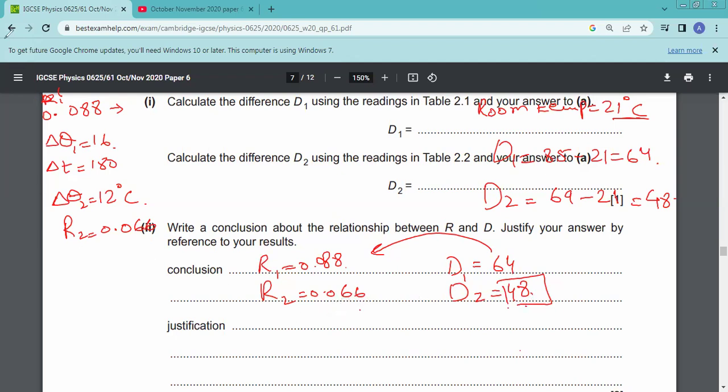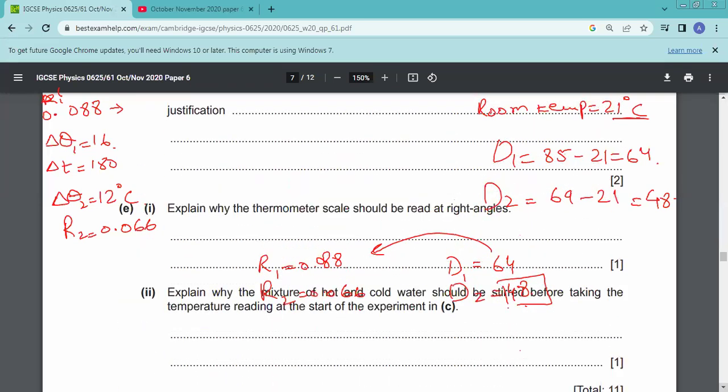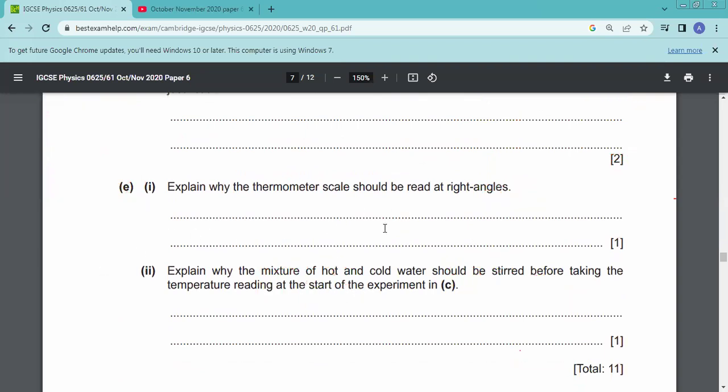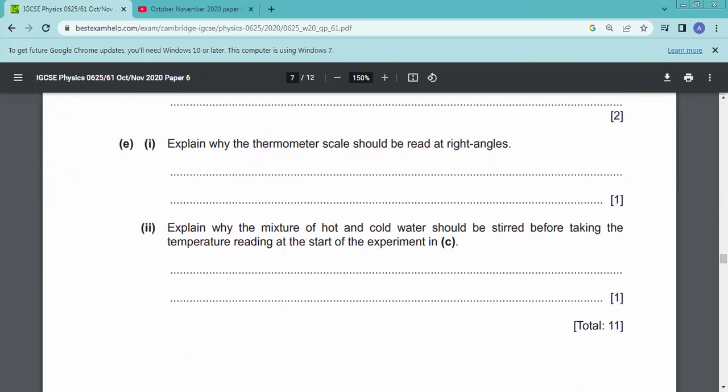Now we need to move on. In that particular case, they're asking us to explain why the thermometer should be read at right angles. We have already talked about this in the previous question, that the thermometer scale, the meniscus scale, should always be viewed from the right direction.